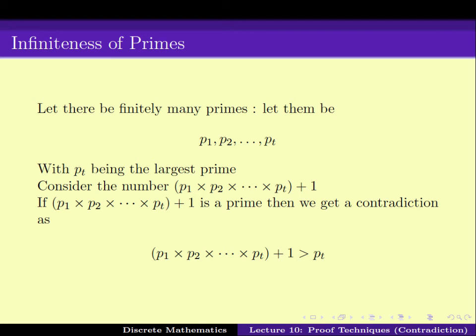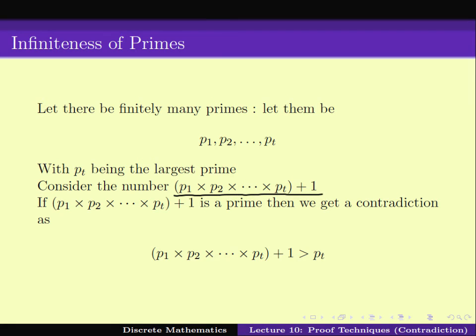Right? So this number, the product of all the primes plus 1, if this one turns out to be a prime, then what happens? Then it contradicts the fact, first of all, that PT is the largest prime.